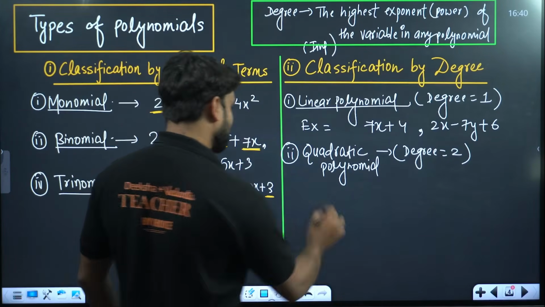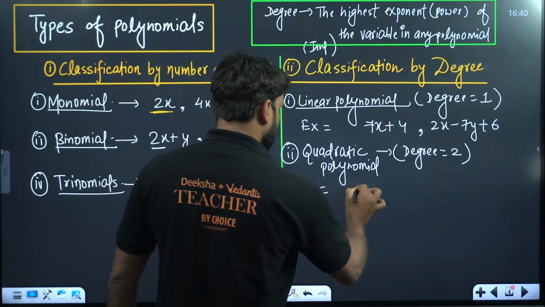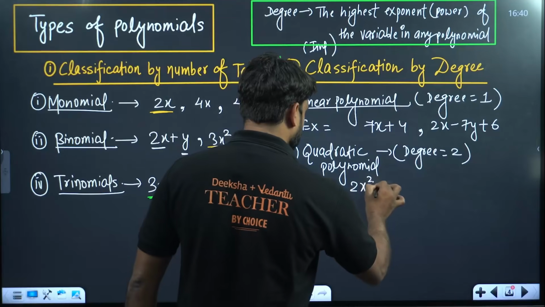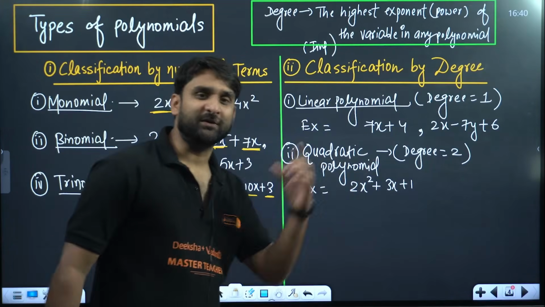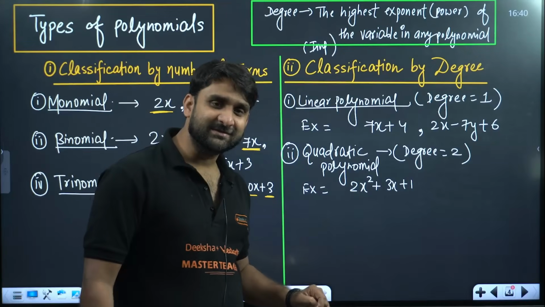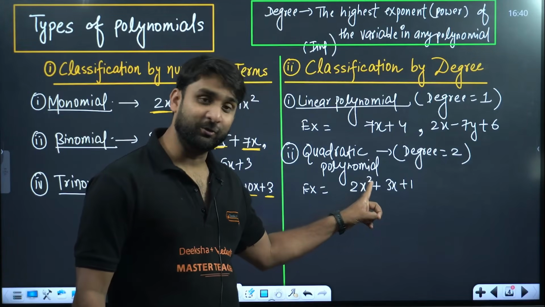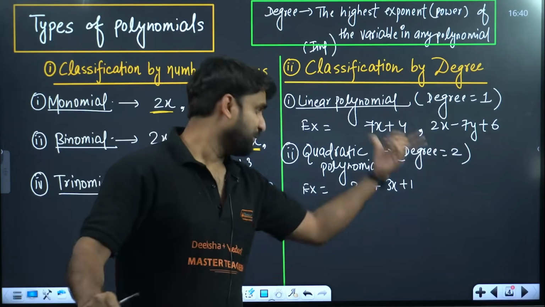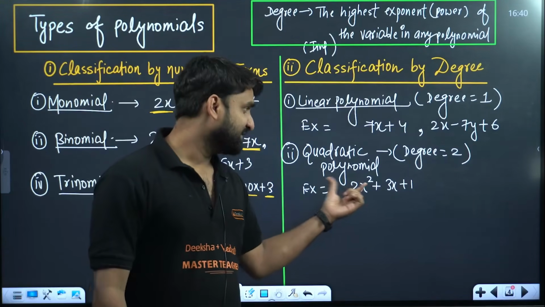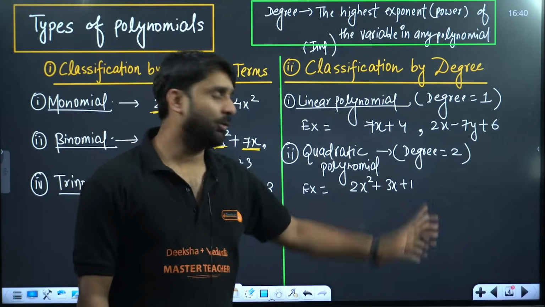So let me give you an example: 2x square plus 3x plus 1. The variable is x, and x is having the highest power 2. So 2 will be the deciding factor. Now 2 will decide which polynomial this is. So 2 is deciding this polynomial as quadratic polynomial.